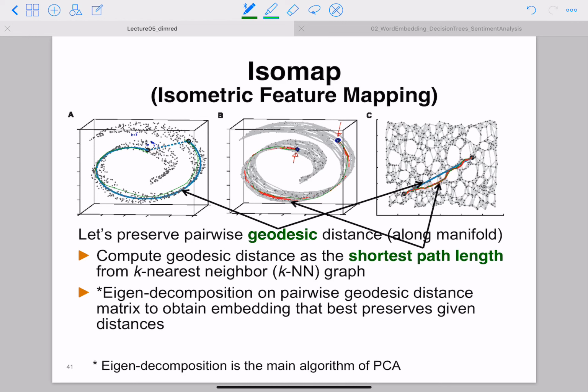So we compute all the pairwise distances by first forming the k nearest neighbor graph, and then computing all pairs shortest path.